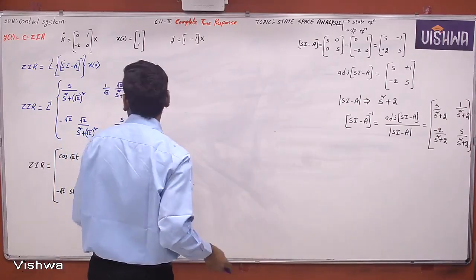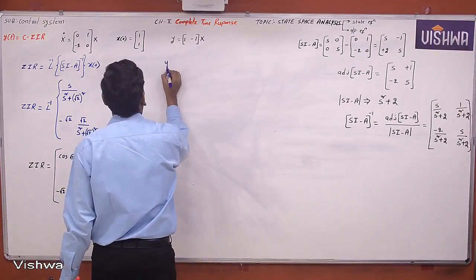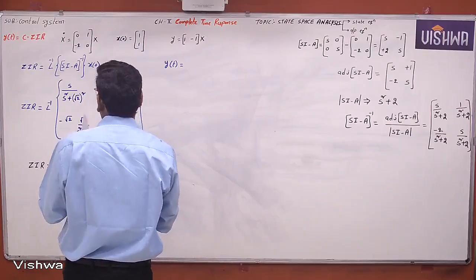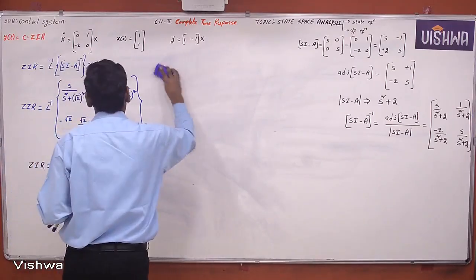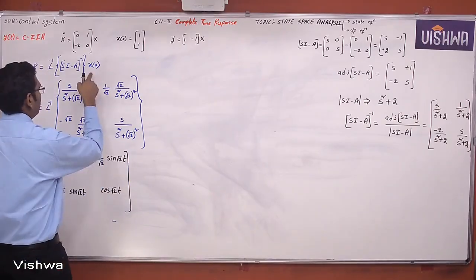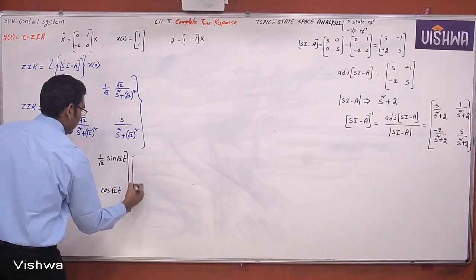Now what is the complete time response? Now this is the complete time response. The complete time response y of t is equal to c times the zero input response matrix multiplied with x of 0. What is x of 0? x of 0 is nothing but 1, 1.